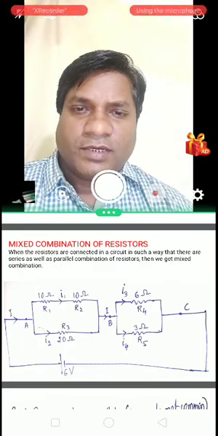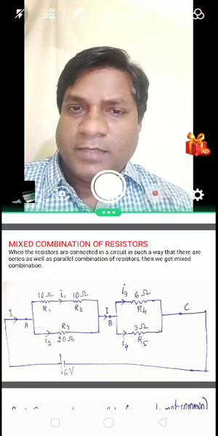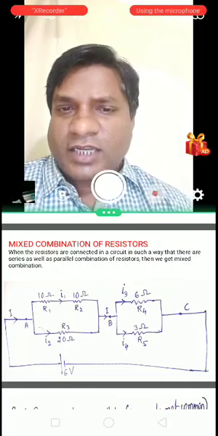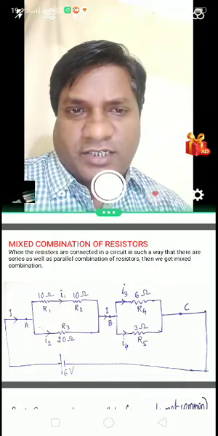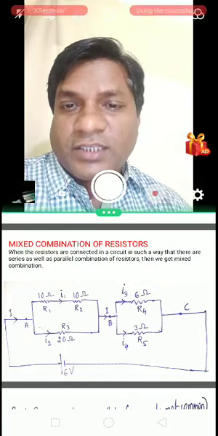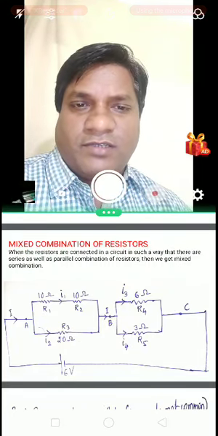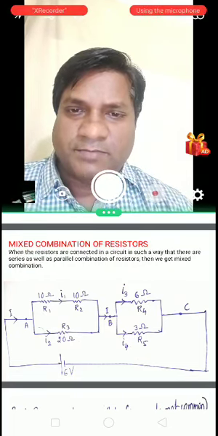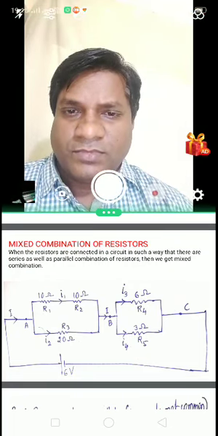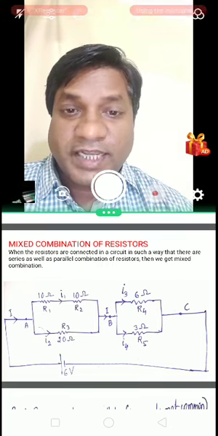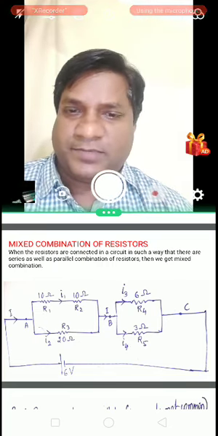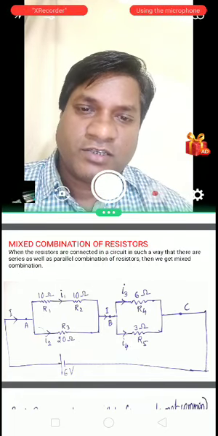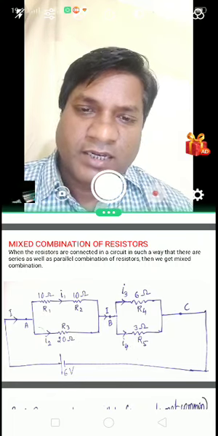Now, our next point is mixed combination of resistors. When resistors are connected in a circuit in such a way that there are series as well as parallel combinations of resistors, then we get mixed combination. You can see in this diagram two resistors of 10 ohm each are connected in series, and then this series combination of two resistors is connected in parallel across 20 ohm.